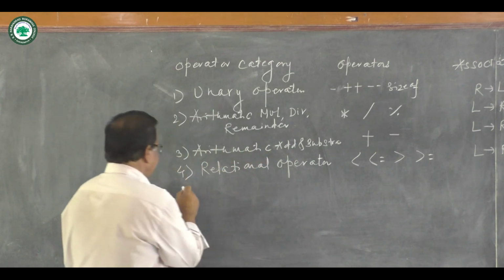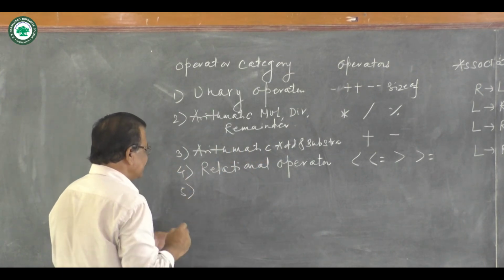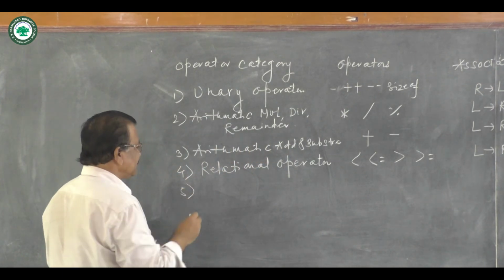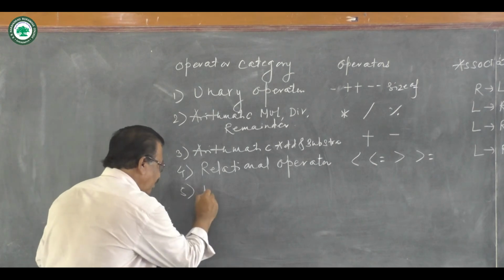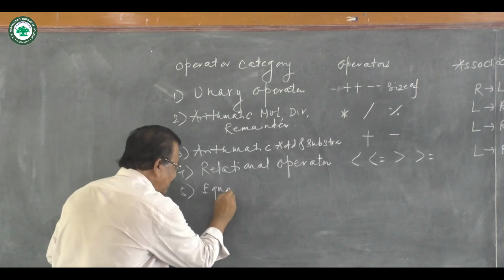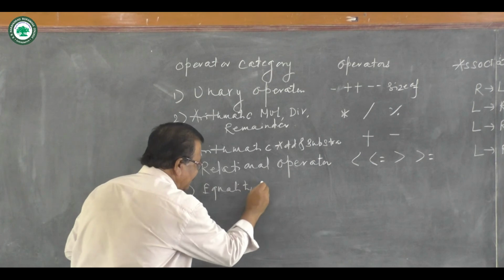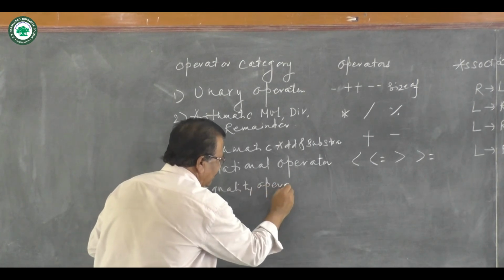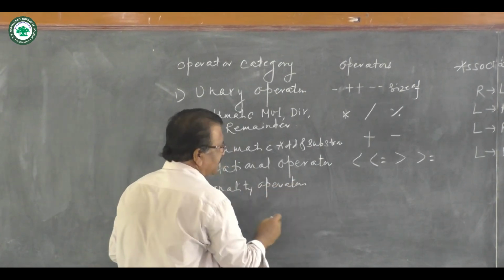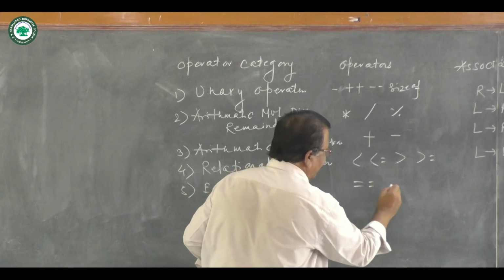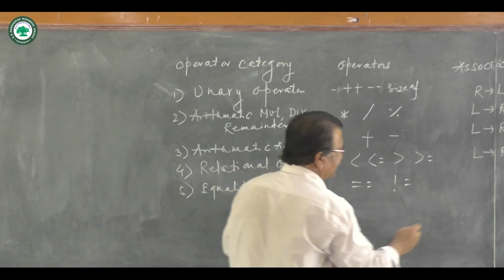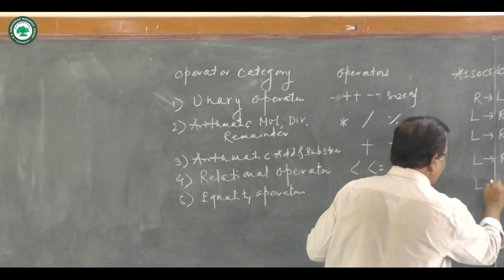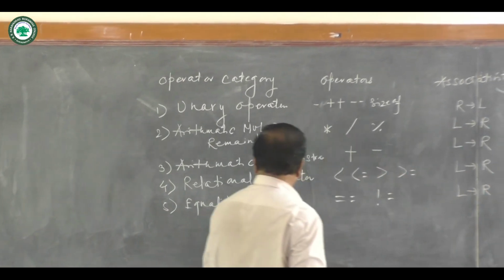Then the fifth category of operators are equality operators. Equality operators are equal to and not equal to, and their associativity is also from left to right.